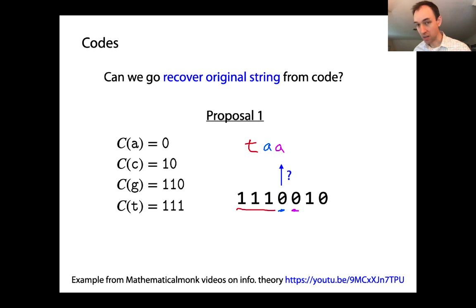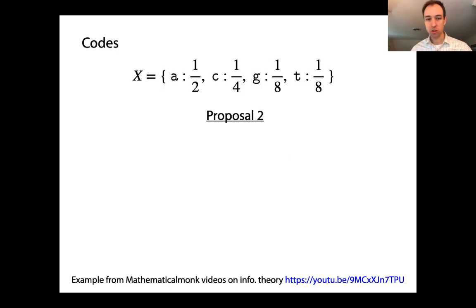It could be C, G, or T. And the next one is 0, so I know it's C. So can I recover the original string from the code? Yes. So at least in that example, I could do that. There was no ambiguity. Okay, let's pick a new code, not this one. Here's a new code.